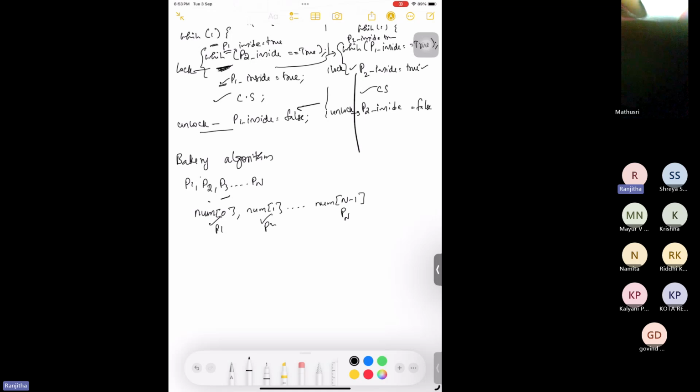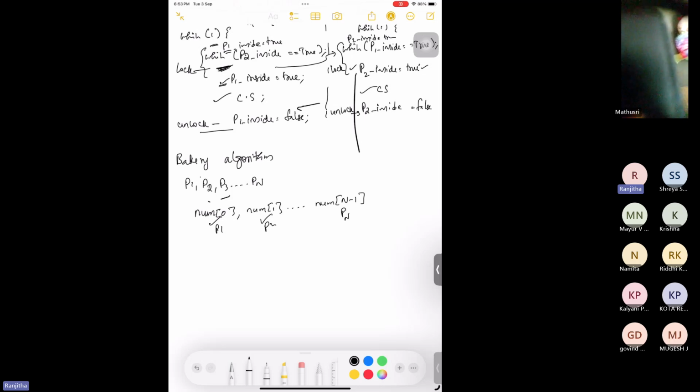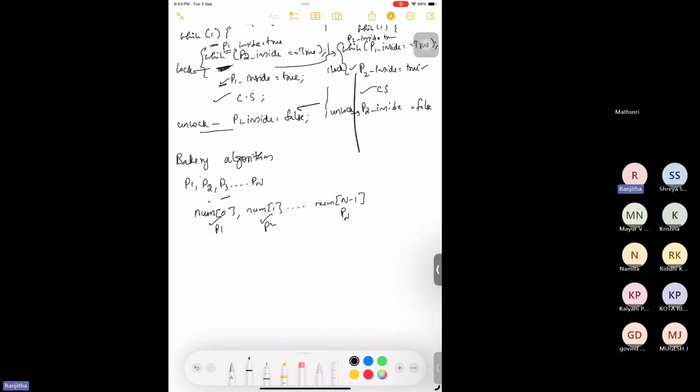Initially all these variables will be marked as 0, and whenever a process wants to enter the critical section, its value will be set to the max of these plus 1. So the first process that comes will have the value set to 1.